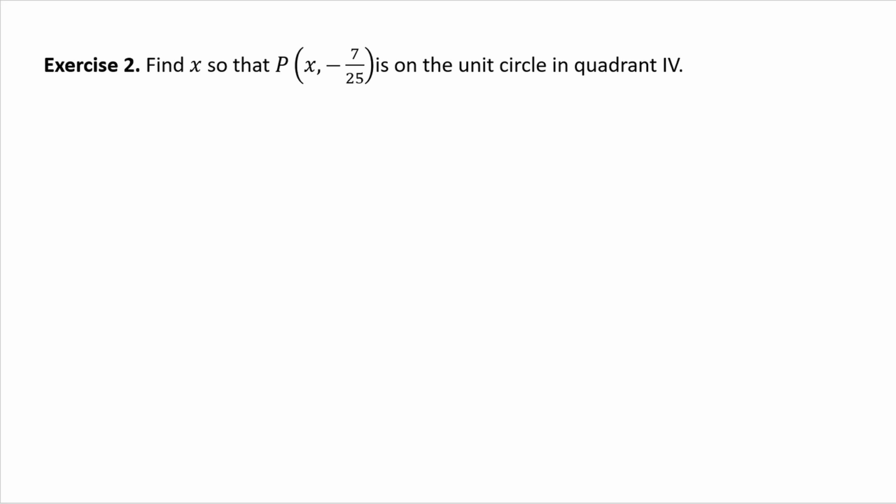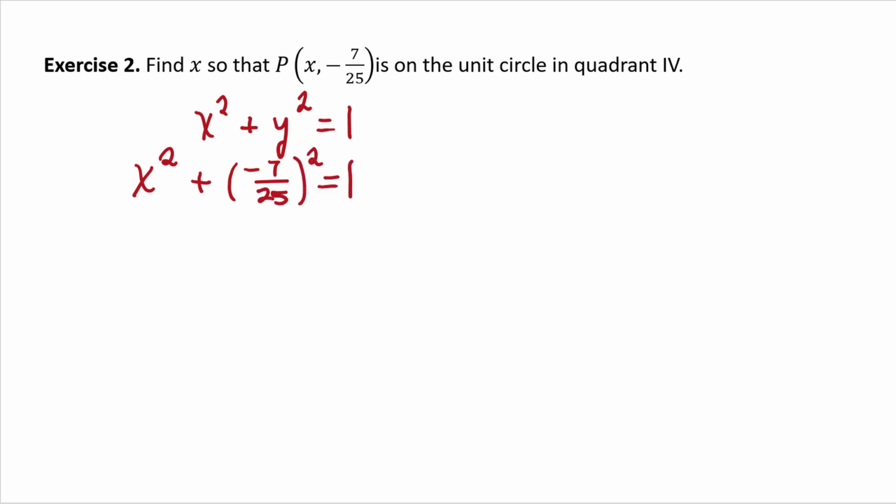Exercise 2. Find x so that the point x, -7/25 is on the unit circle in quadrant 4. The unit circle means that the statement x squared plus y squared equals 1 is satisfied. We are solving for x in the equation, so we have x squared plus the quantity -7/25 squared equals 1.